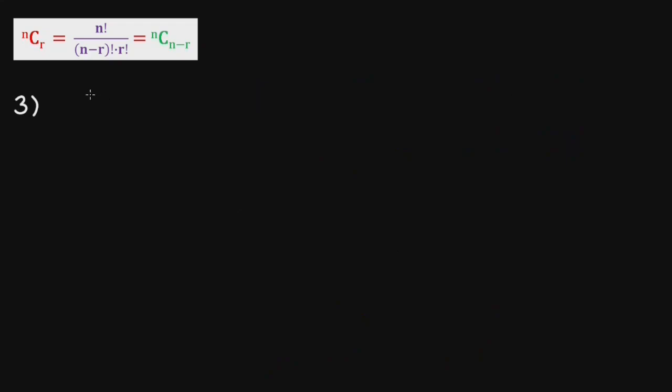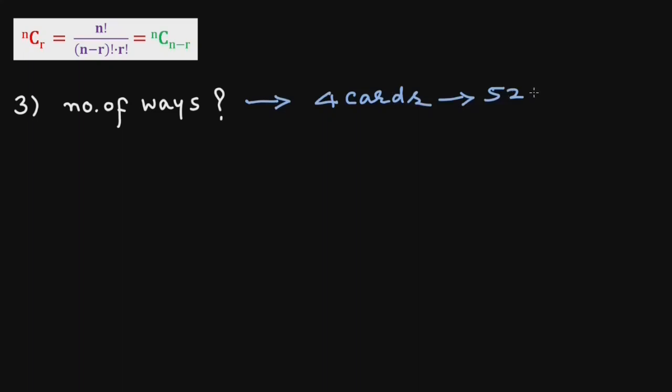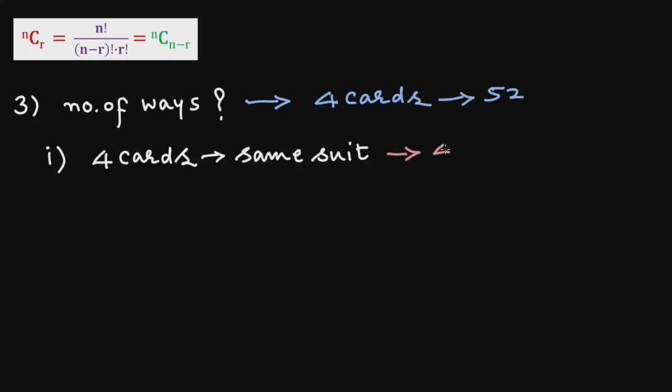What is the number of ways of choosing 4 cards from a pack of 52 playing cards? In how many ways are the 4 cards of the same suit? We have 4 suits: diamond, club, spade and heart, and there are 13 cards belonging to each suit.